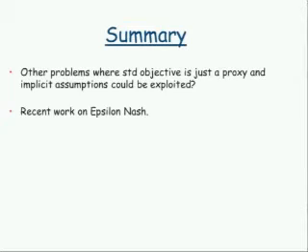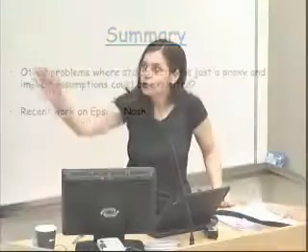And let me make a comment that it will be interesting to use this framework to apply to other problems where the standard objective is just a proxy and where implicit assumptions could be exploited to go around inapproximability results. So it would be nice to apply this framework to other problems as well. And just as a comment, recently I have been looking at the approximate epsilon-Nash problem in this framework with some progress.